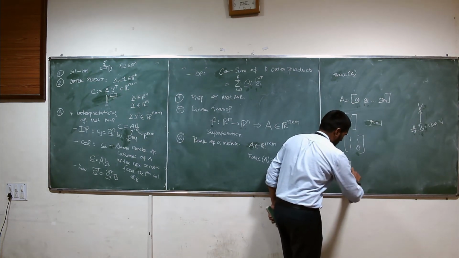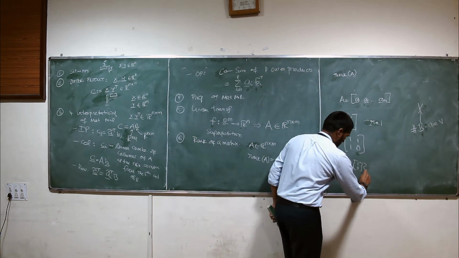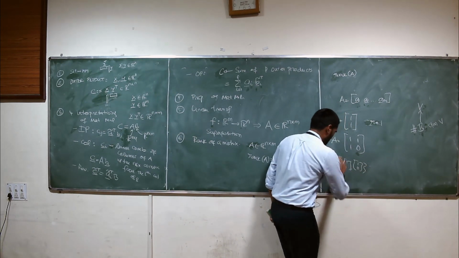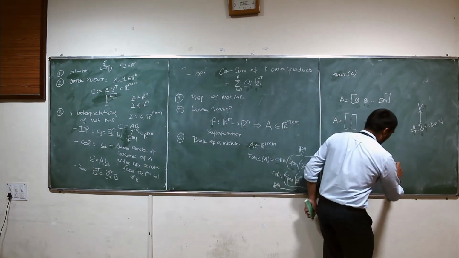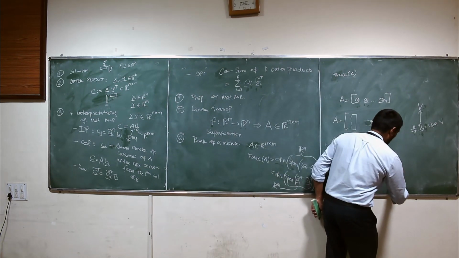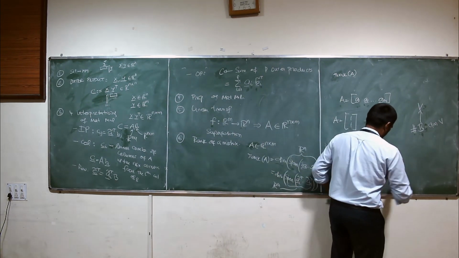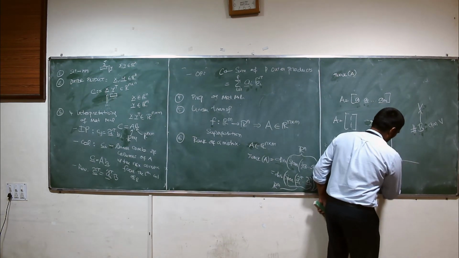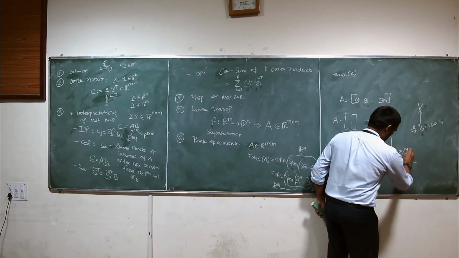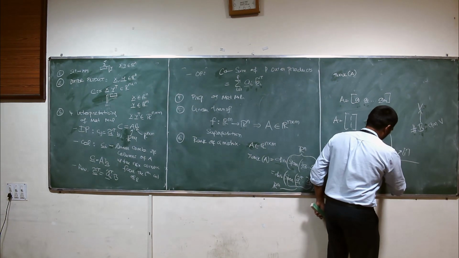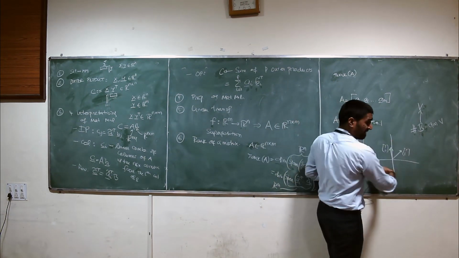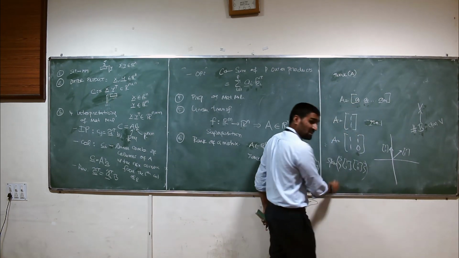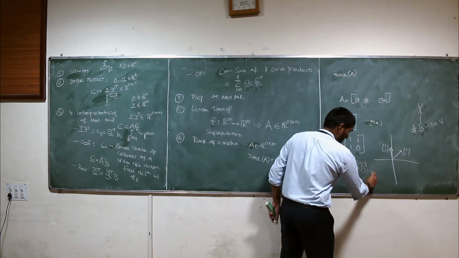This vector 1, 1. What is the span of this? It's R2, right? So one vector is 1, 0. One of the vectors is like this. This is 1, 1. This is 1, 0. They are not collinear. And you can obtain any vector in R2 from this. That means the span of this is R2.